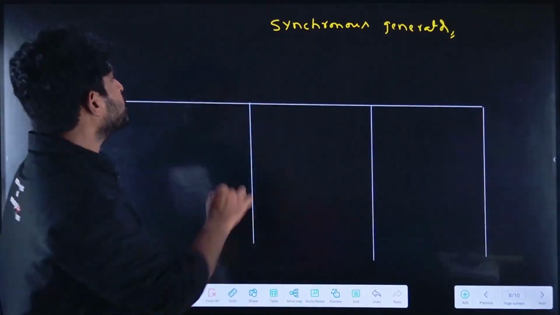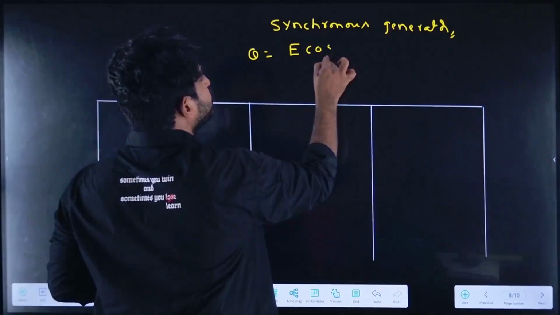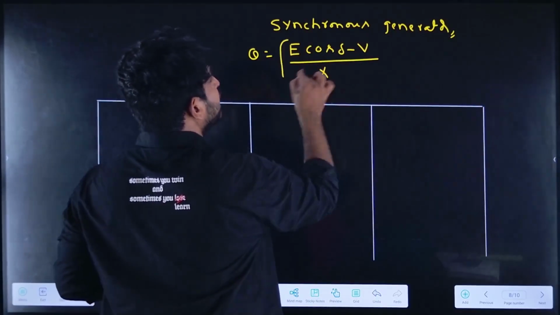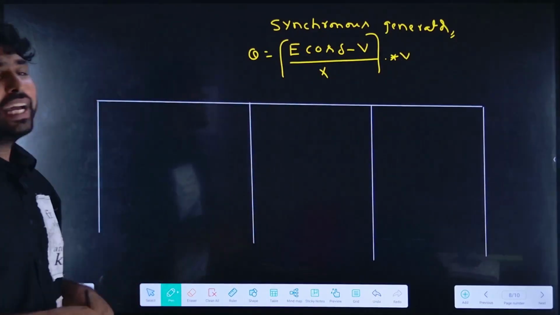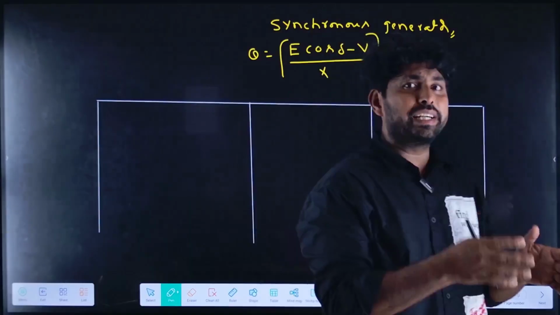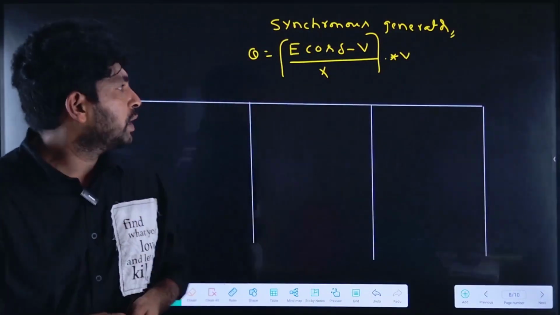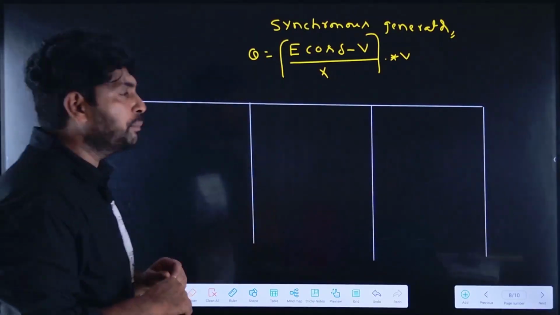The expression for Q is (E cos delta minus V) divided by X, into V. Right? So the expression for the reactive power will be like this. We are not going into more detail, but let me explain how the synchronous generator operates, and on which parameters the reactive power depends.